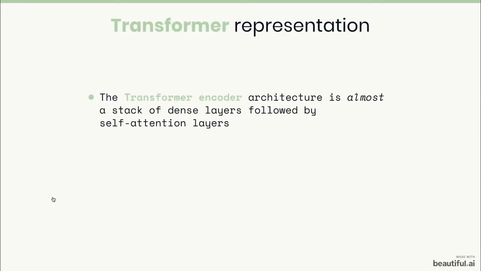Okay, so a transformer representation is almost the same as a stack of dense layers that we've seen in neural networks. So these are just matrices followed by self-attention layers. And when I say a self-attention layer, I just mean what we have just seen: we start with a sequence of embeddings for every term, and then we transform those to contextual embeddings for each term by using all of these scores and weights.